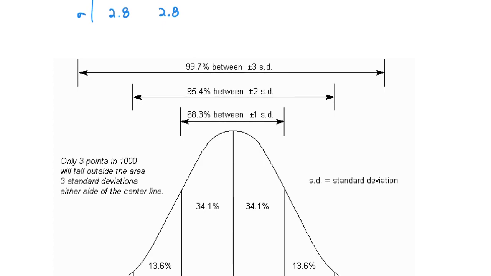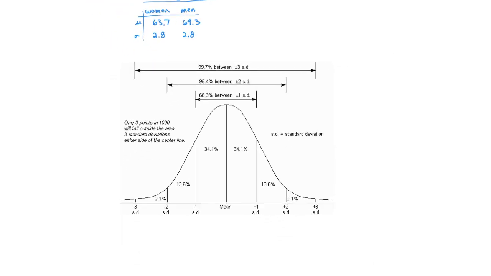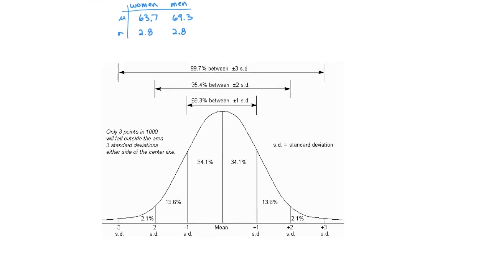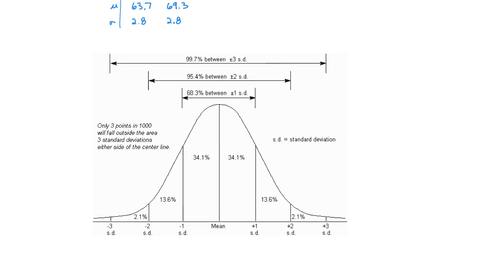So then using this graph and using these numbers up here, we want to figure out how people fall into these categories. This is a picture of the graph that's pretty close to the one in the book.